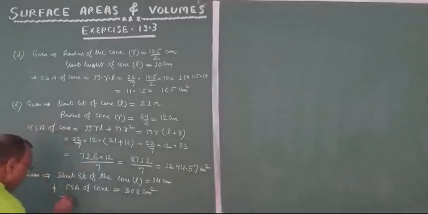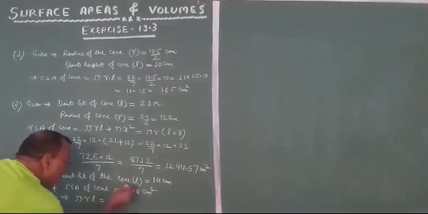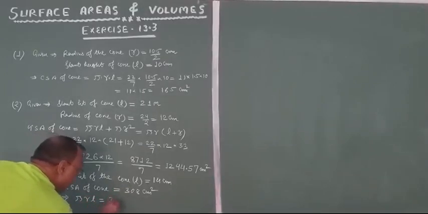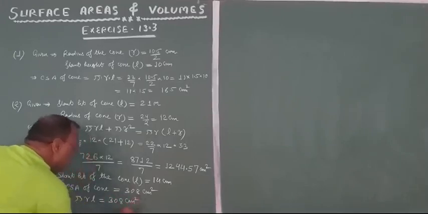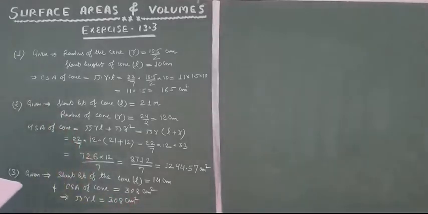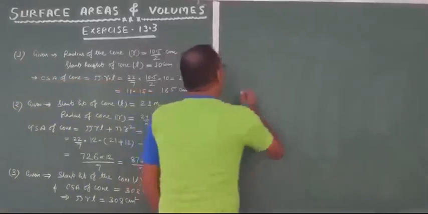So we can say CSA means pi into R into L is given 308 centimeter square. Question is this: find the radius of the base and the total surface area.